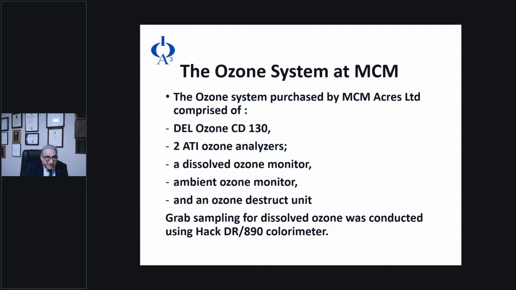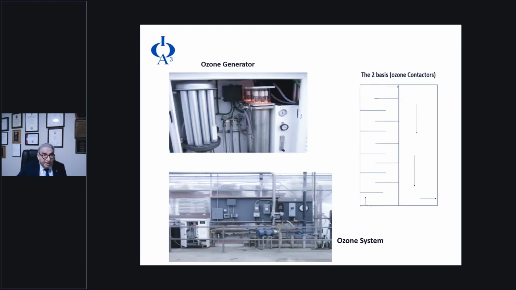So we designed a system that is safe and you can monitor the application quite well. We did grab sampling, and also we have a HACH DR890 colorimeter for dissolved ozone, and we were doing sampling regularly before we start the application. And this is the ozone generator, the general ozone system with monitors and all that.